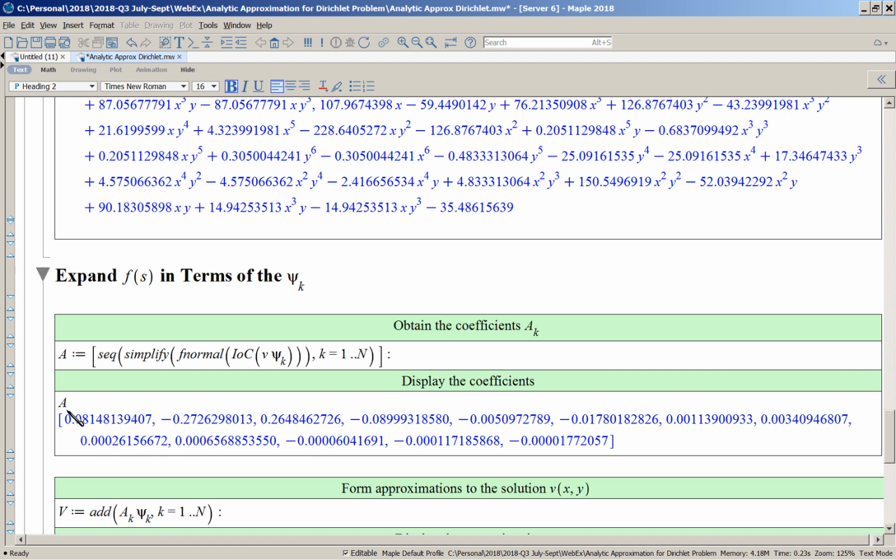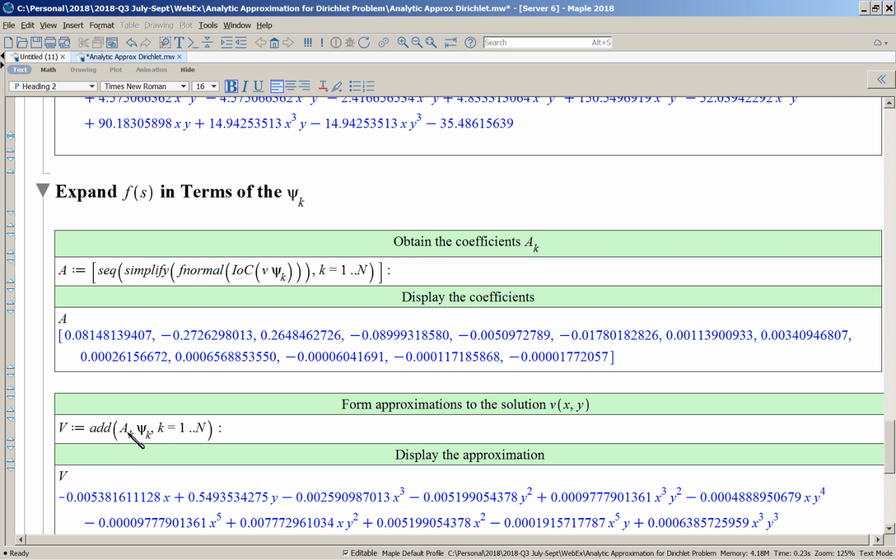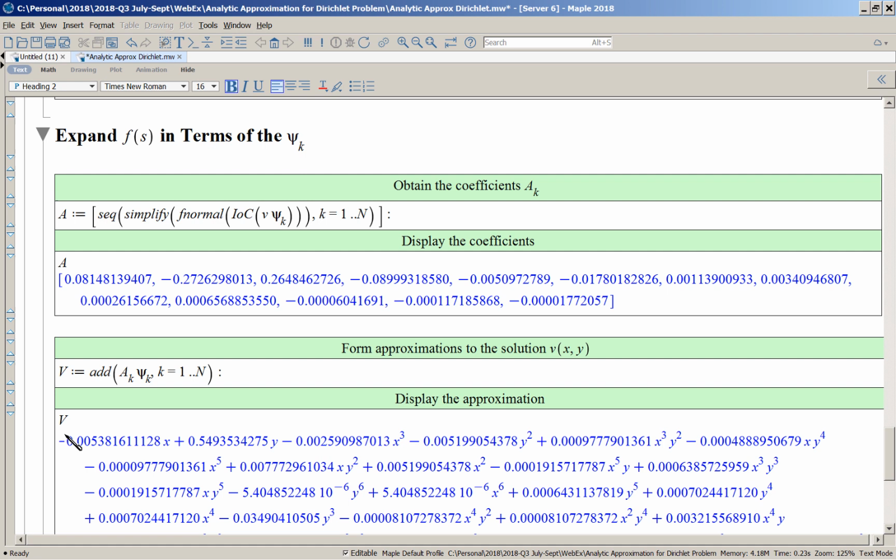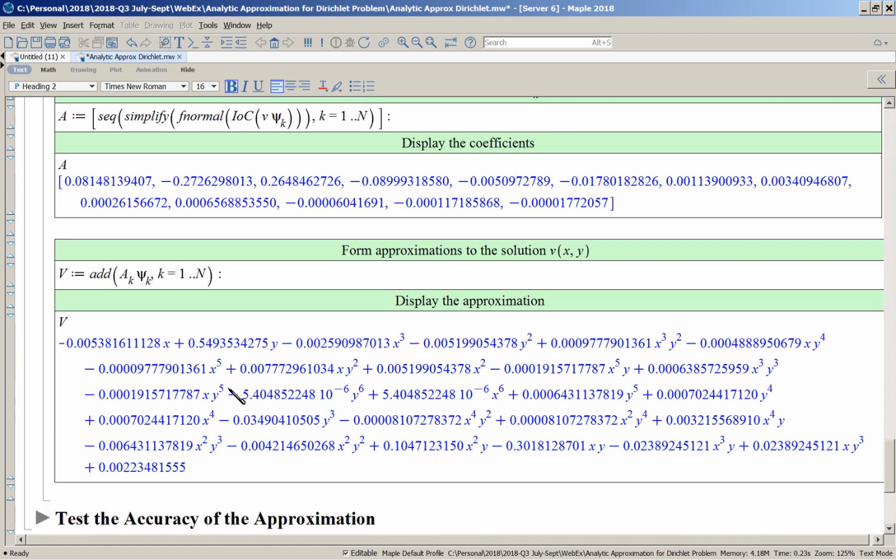So I get back a list of coefficients which I use in this sum against the psi functions, and I get this approximate solution V. This is what that approximate solution looks like.